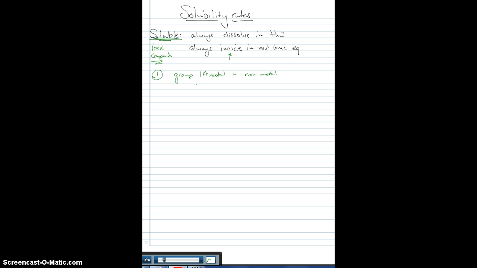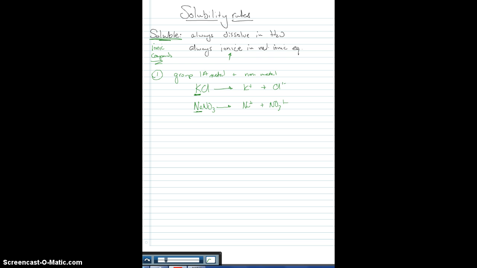So if we have potassium chloride, it does contain a nonmetal. If we were writing a net ionic equation, we would have to make sure that we ionize potassium chloride within an ionic equation. I'll give you another example: sodium nitrate, again containing a group 1A alkali metal, the sodium ion plus the nitrate ion.